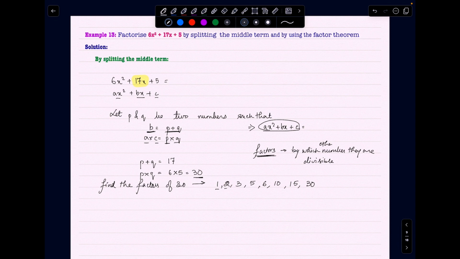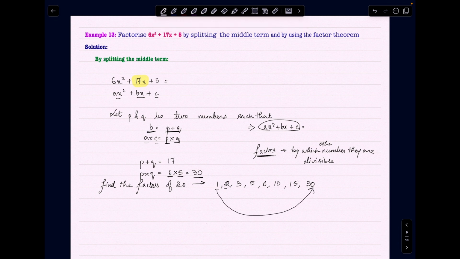Now you can see we are already writing here 6 into 5. 6 into 5 is 30. Let me write it. 1 into 30 is also 30. 2 into 15 is also 30. 3 into 10 is also 30.